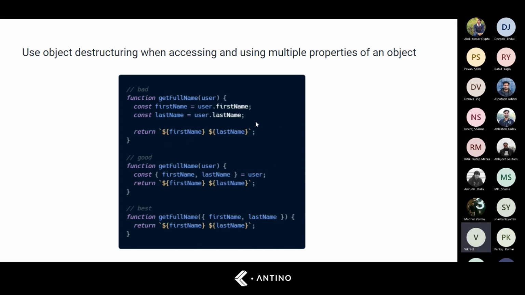This slide tells us that when you are trying to access object properties, we can simply use object destructuring. In the bad code, you can see we are accessing the first name and last name and storing them in first name and last name variables. In this case we end up using more memory.